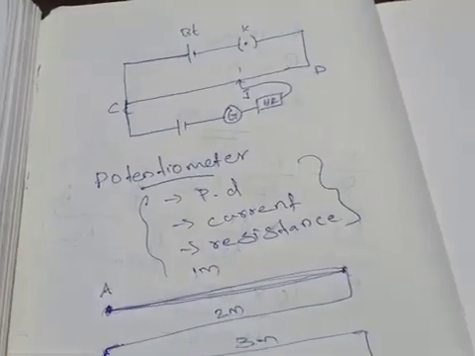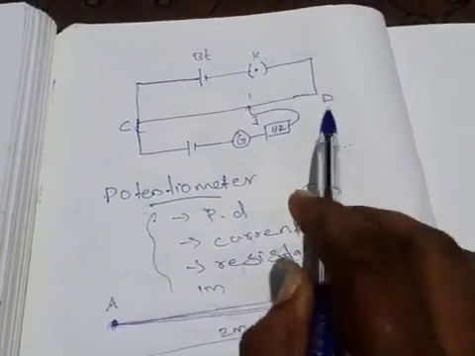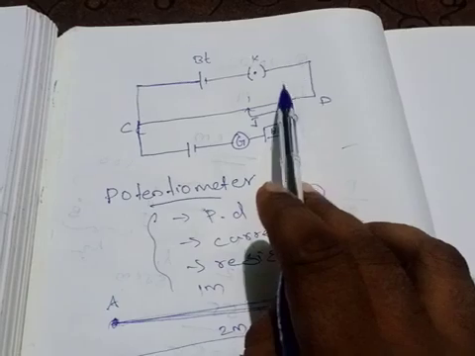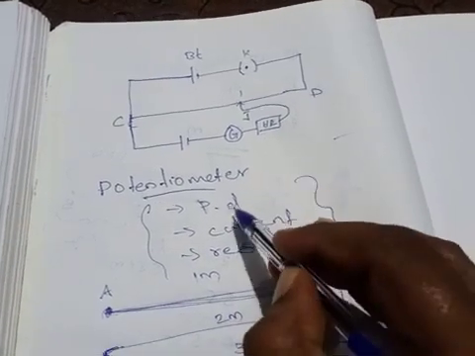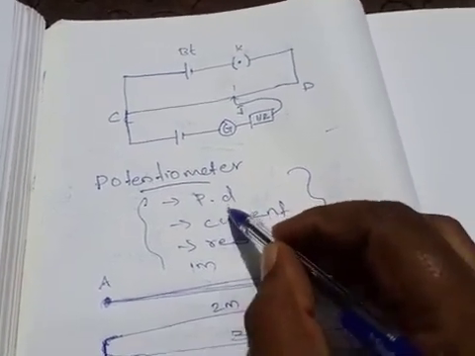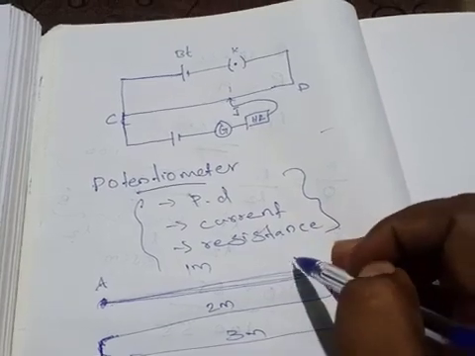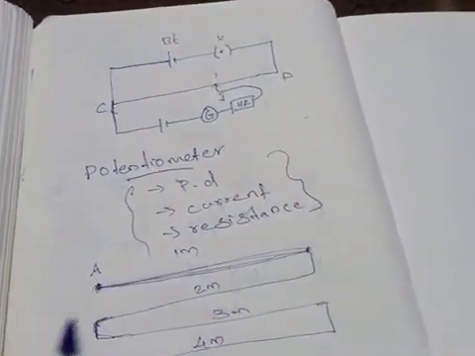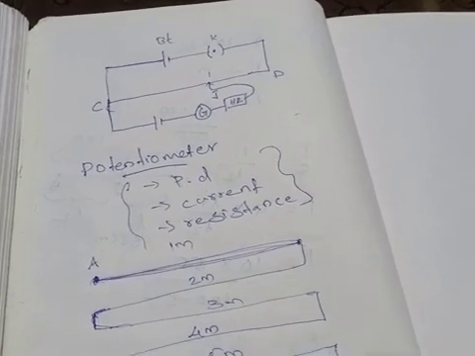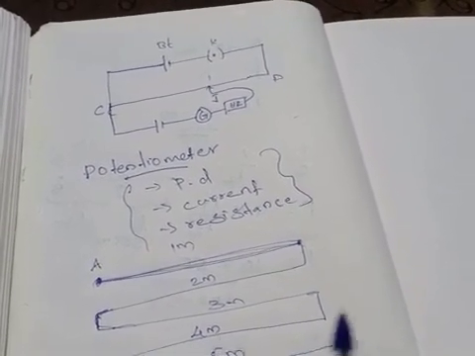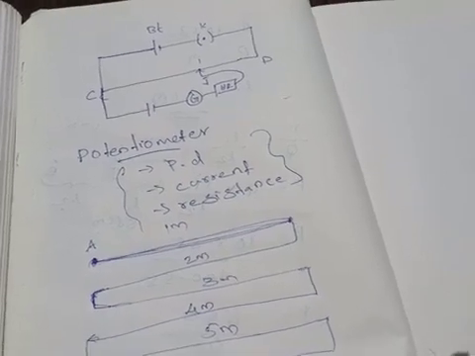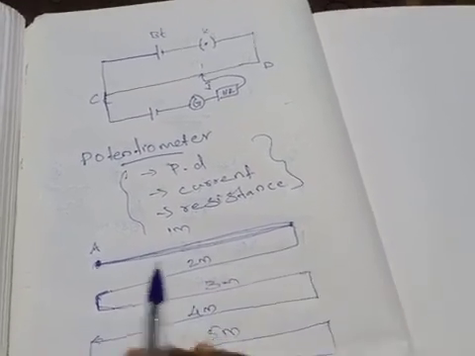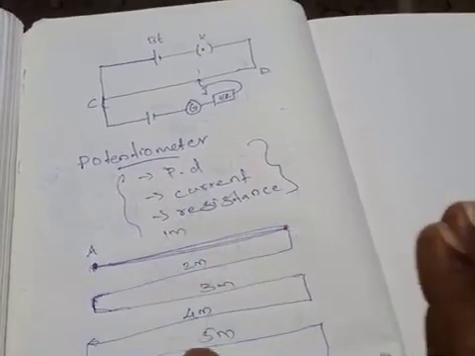Now what is the principle? So I believe that you understand that construction. First thing, what is the use? Accurately we can measure the potential difference, current and resistance, and how it is made up. It consists of a 10 meter long manganin or constantan stretched wire, which is arranged in parallel rows, each 1 meter length, and fixed on a wooden board.